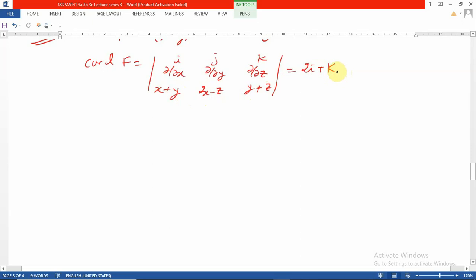Now in the question they have clearly mentioned that vector n is normal to this plane.